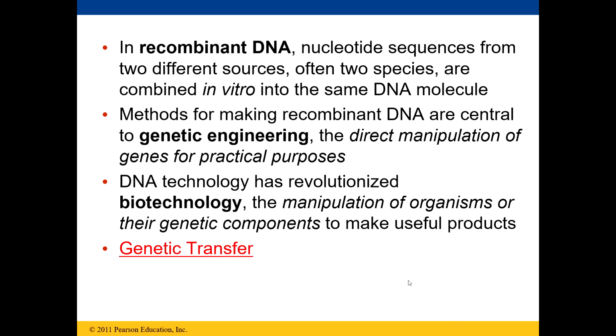So when we look at this, there's a couple major goals that are usually involved in dealing with DNA technology and genetic engineering. And first of all, I just want to define the difference here. So when we talk about this term biotechnology, bio meaning life, this is the manipulation of organisms or their genetic components to make useful products.